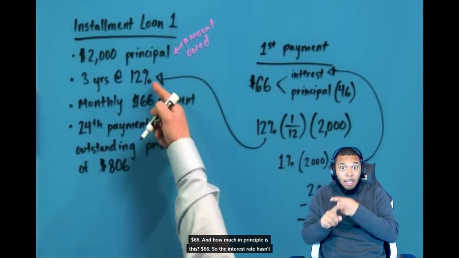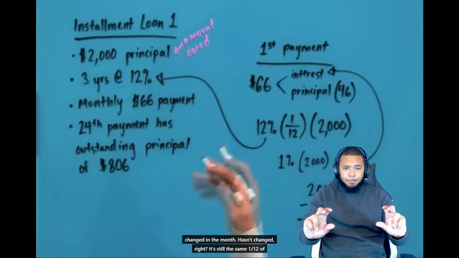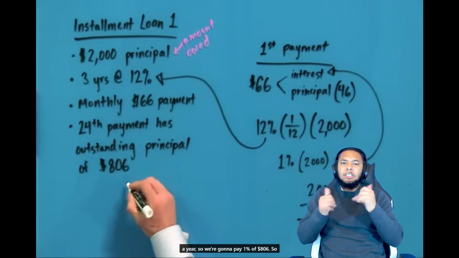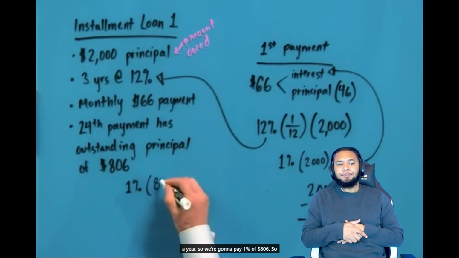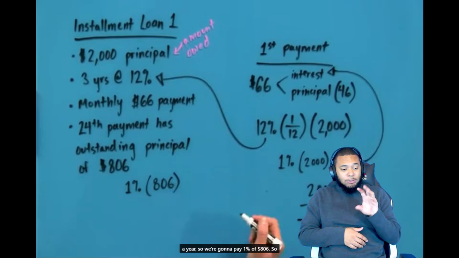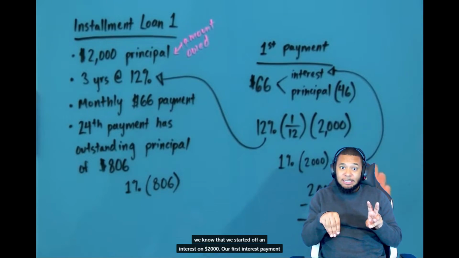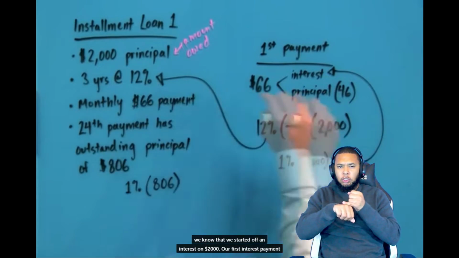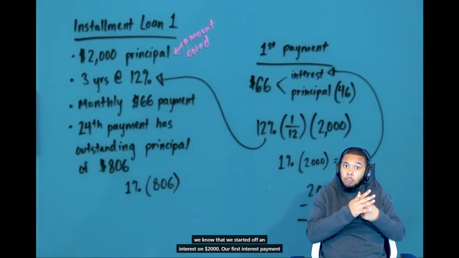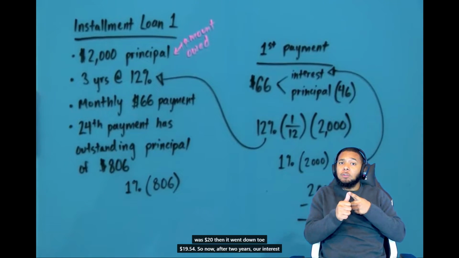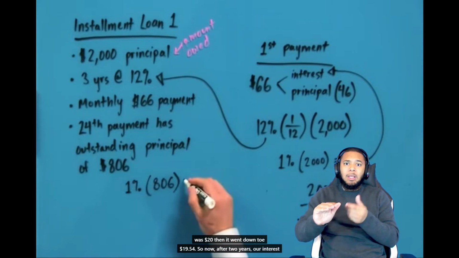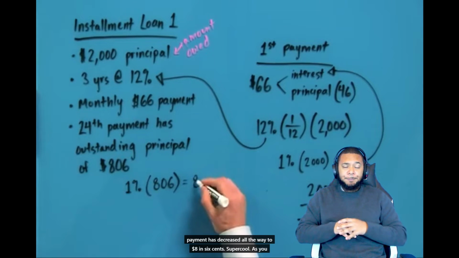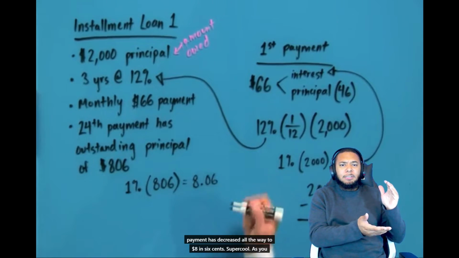So the interest rate hasn't changed and the month hasn't changed. It's still the same 1/12 of a year. So we're going to pay 1% of $806. We started off paying interest on $2,000. Our first interest payment was $20, and then it went down to $19.54. So now, after 2 years, our interest payment has decreased all the way to $8.06.